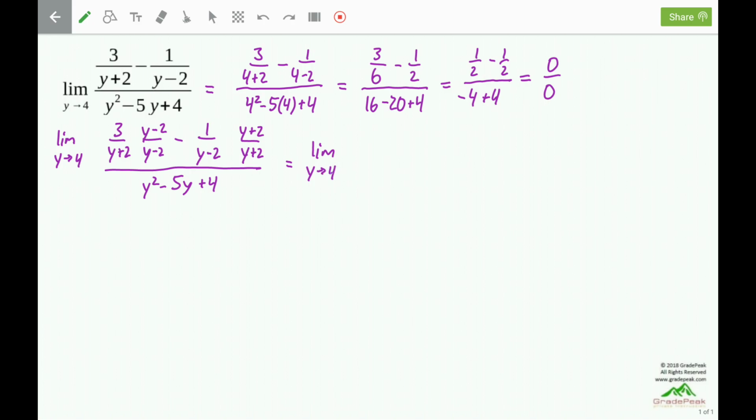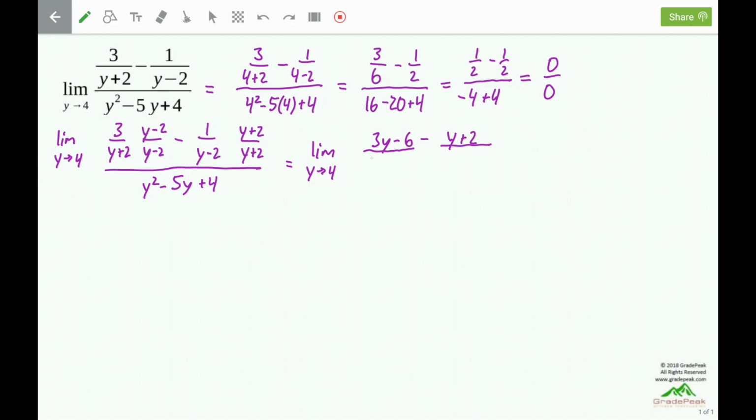That gives us the limit as y goes to 4 of, in the numerator, we are going to have a 3 times a y plus 2 here. We're going to multiply and distribute that. That will become 3y minus 6, minus 1 times the y plus 2, and that'll be y plus 2.